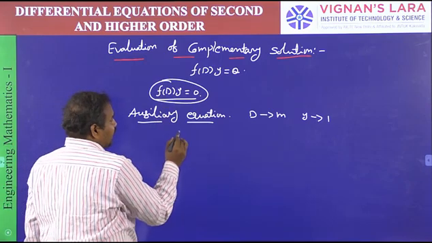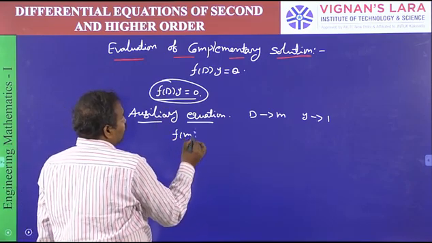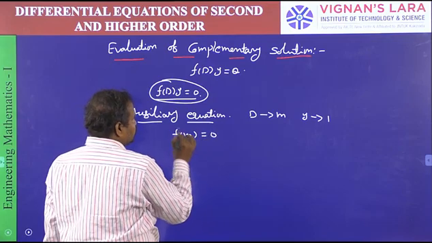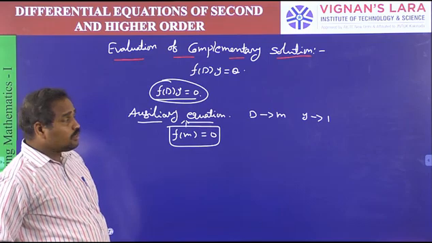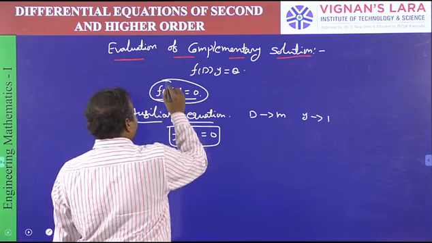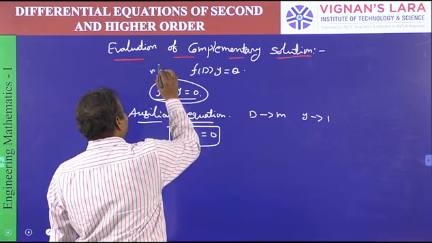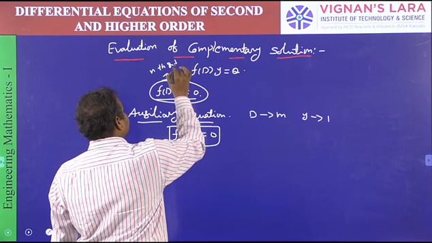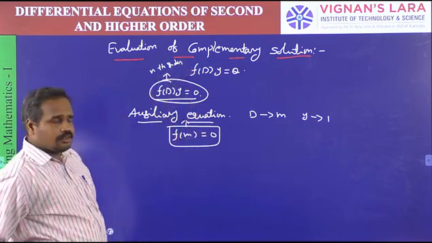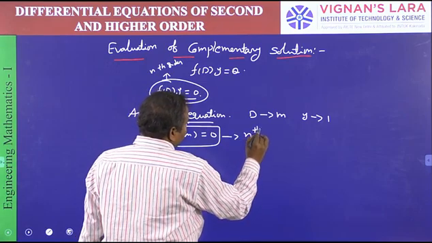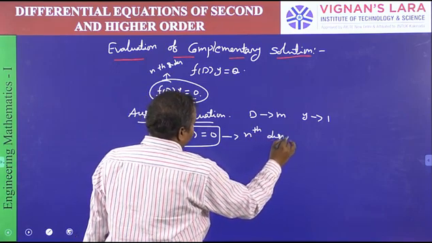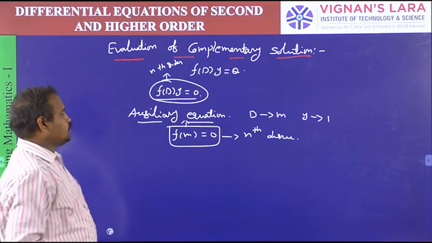That means F of m is equal to 0. This is called the auxiliary equation. What is the order of this F of D? F of D is of nth order. Then the auxiliary equation is also of nth degree.